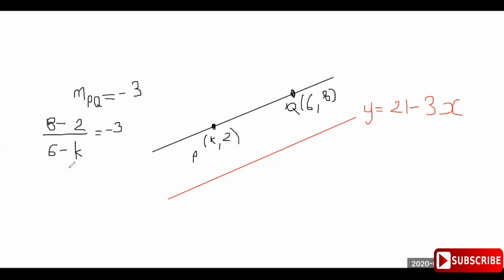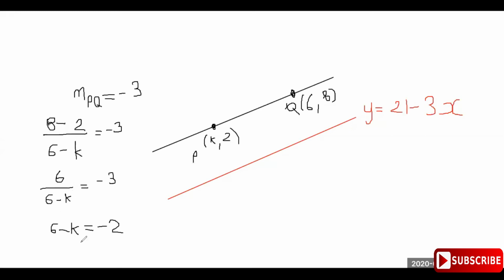Now 8 minus 2 is 6, so we have 6 over 6 minus k is equal to -3. In order for this to be equal to -3, 6 minus k must be equal to -2. Think about it: in order for 6 over something to be -3, the denominator must be -2.